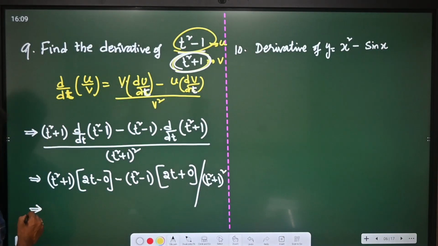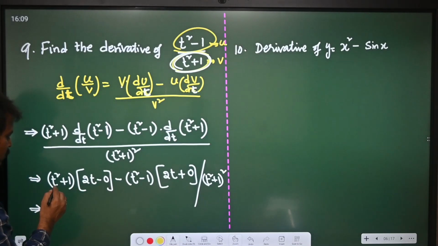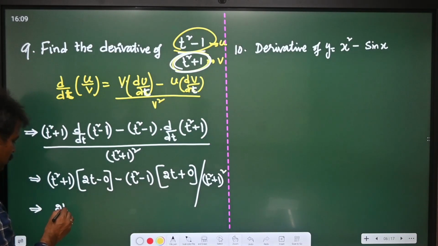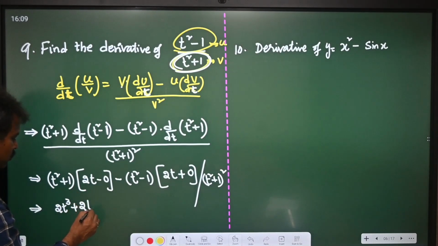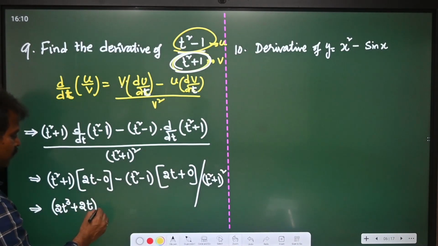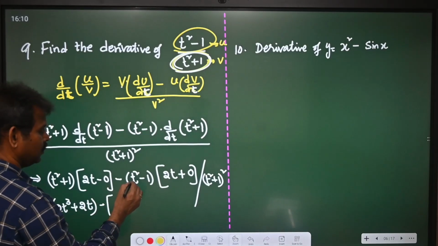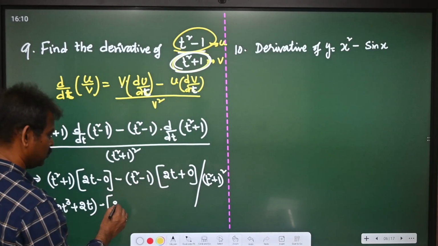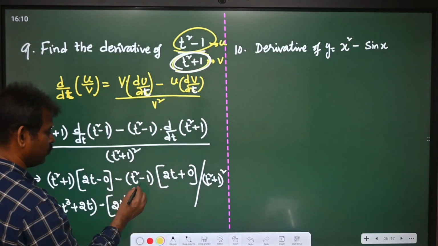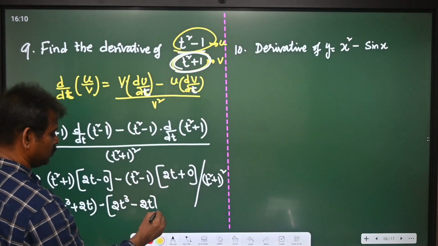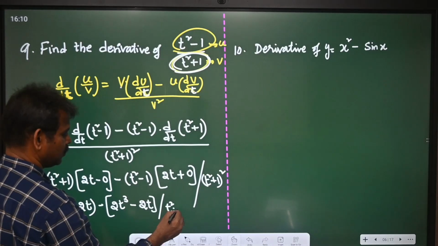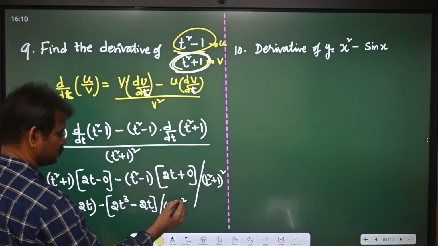Now this will be written as 2t into t square, 2t cube, plus 2 into 1 is 2t, minus t square into 2t, 2t cube, minus 1 into 2t, divided by t square plus 1 whole square.